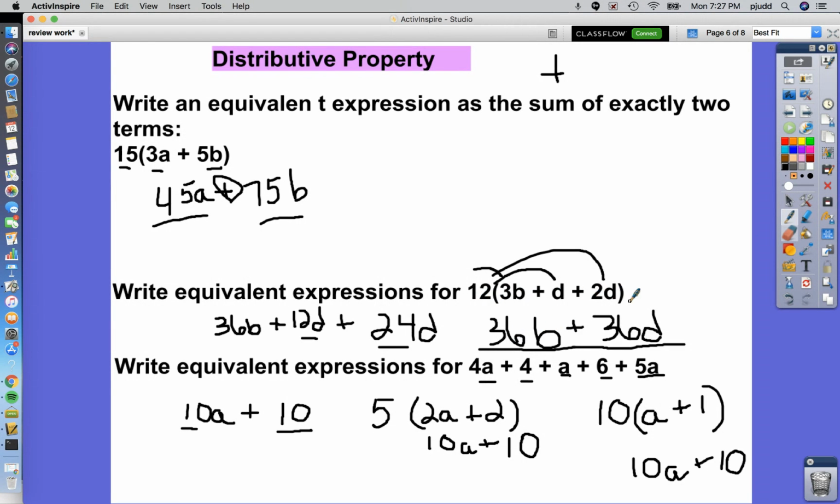And if I look at what's up here, I could pull out a factor of 12, and I could have this plus 3D. That could also be an equivalent expression. And then I can take the 3D and I could also rewrite it as D plus 2D.